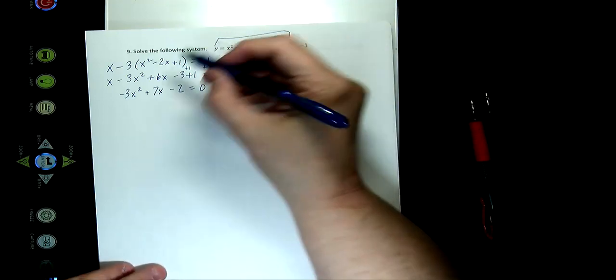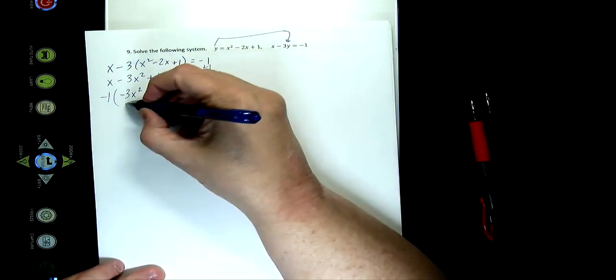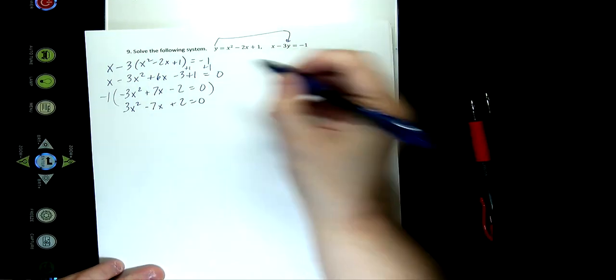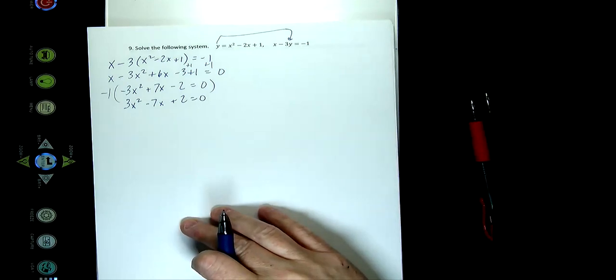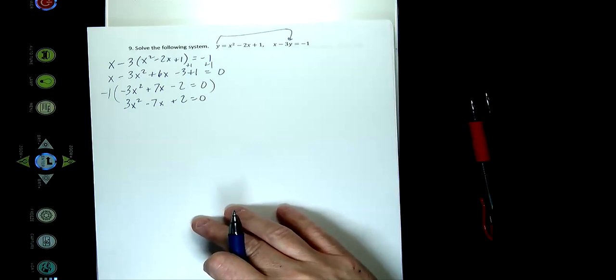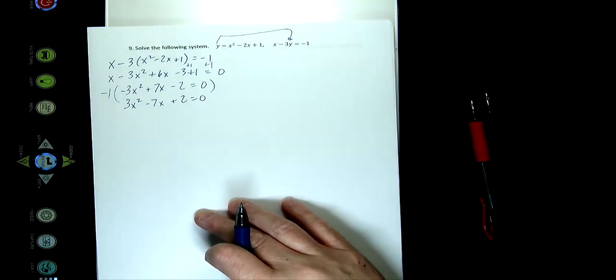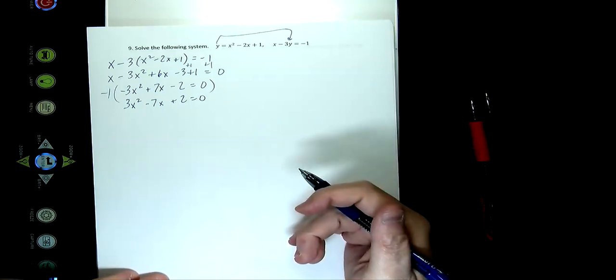So I'm just going to multiply through by a -1, and that just changes the signs of everything. It's at least 90% less likely to make a mistake if I have a positive coefficient. I like writing numbers positive.